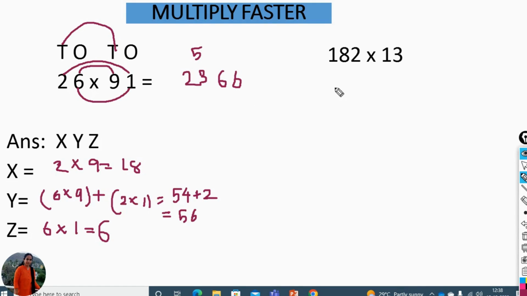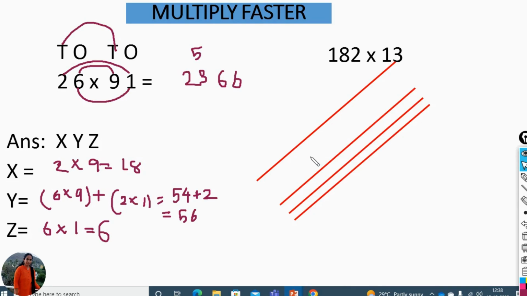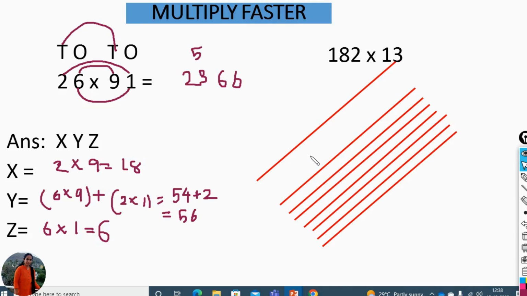So let us check 182 into 13 using the line trick. Okay. So for the line trick, you have to draw lines and check the intersection points. So for this 1, I draw one line. For 8, I draw 8 lines, leaving some gap. 1, 2, 3, 4, 5, 6, 7, 8.